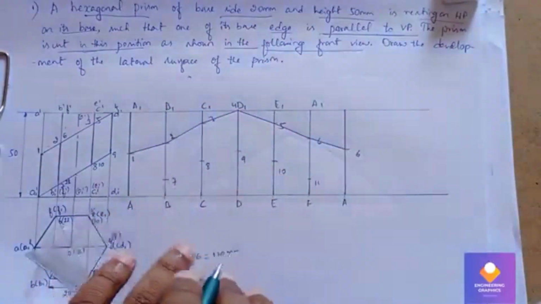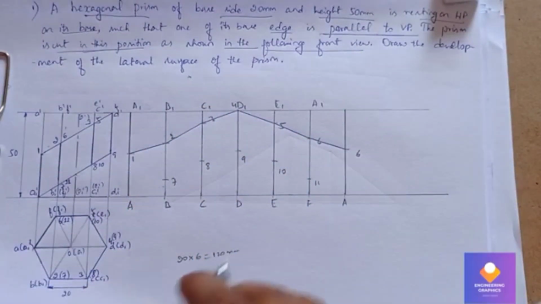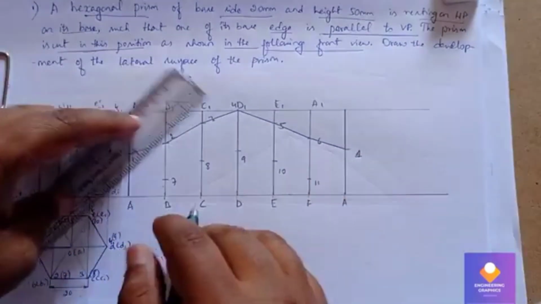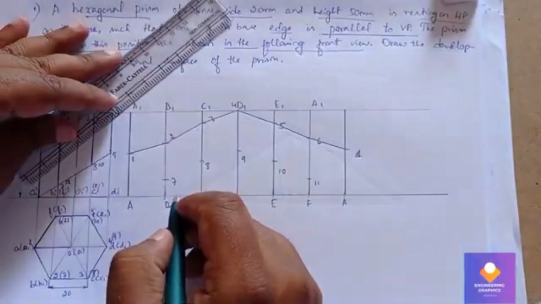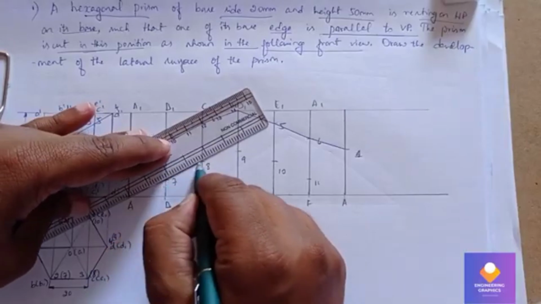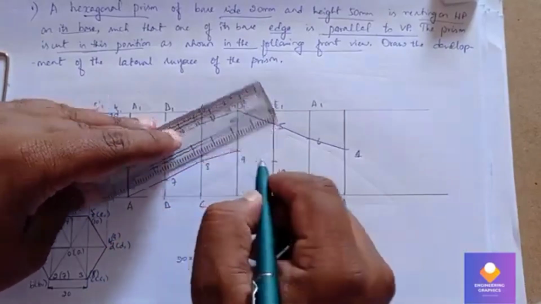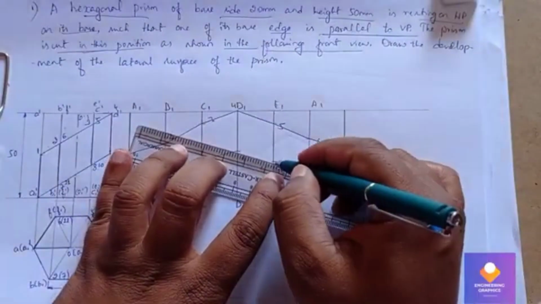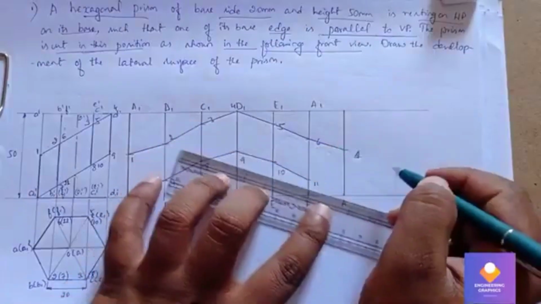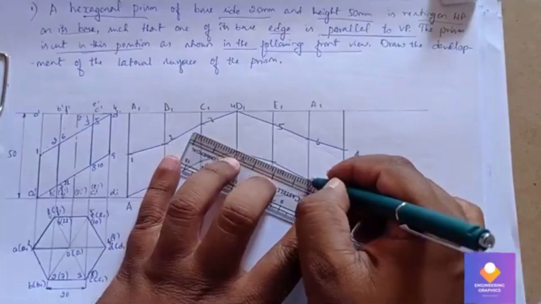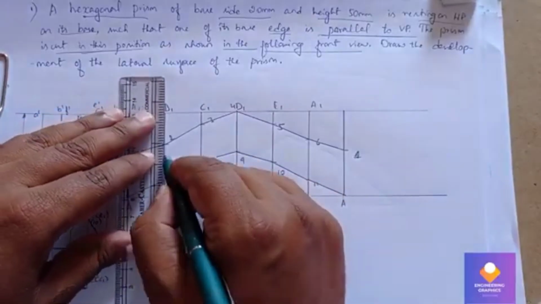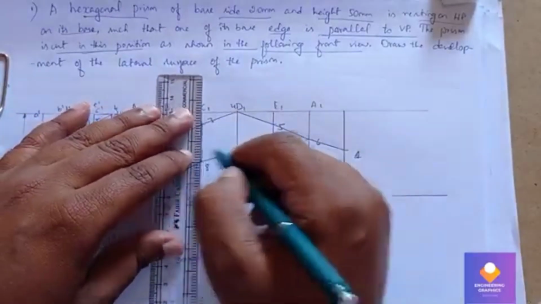That is after 6, that is 1. You can correct that. Now you have to join from A here. A to 7, 7 to 8, like that we need to join. 9 to 10, then 10 to 11, and then 11 to A. Now we darken these vertical edges, which is the retained cut portion of the hexagonal prism.